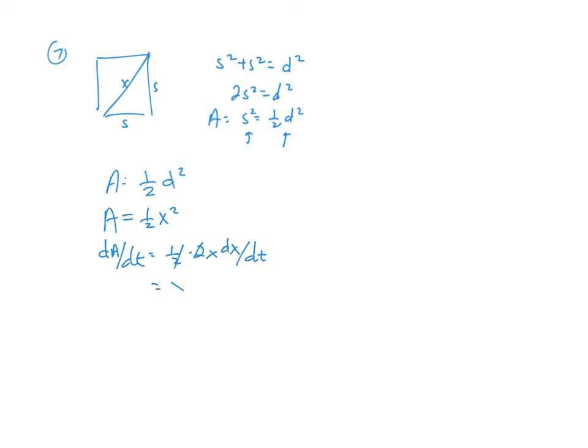So x, they tell us, is equal to 12 meters. And then dx/dt, they say, is -3 over x, so it's -3 over 12. The 12s cancel, and we get -3. And our units are going to be square meters per minute.